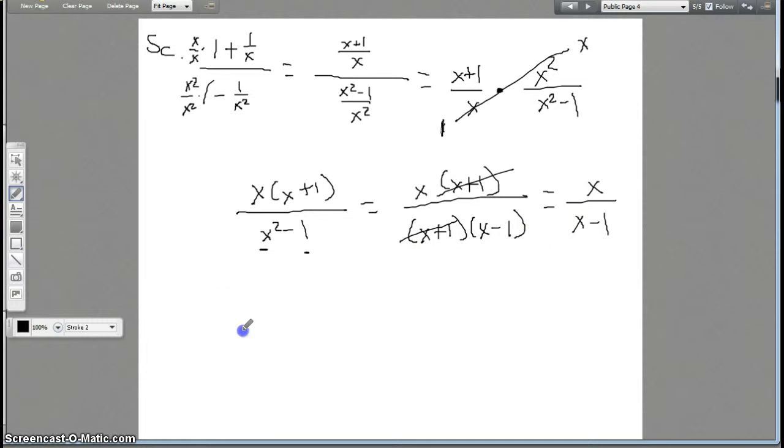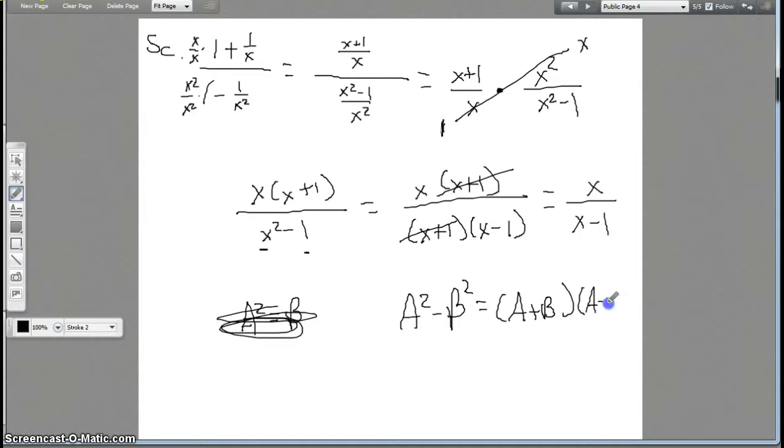Be sure that you recognize anytime you see a squared minus b squared, that can factor as (a plus b) times (a minus b). This is crucial because you're going to see this all the time. If you see 4x squared minus 16, you should be able to see that first you can pull a 4 out. 4 times (x squared minus 4).